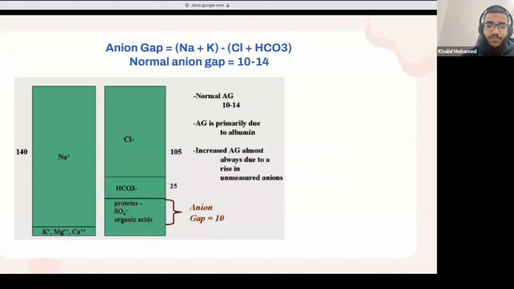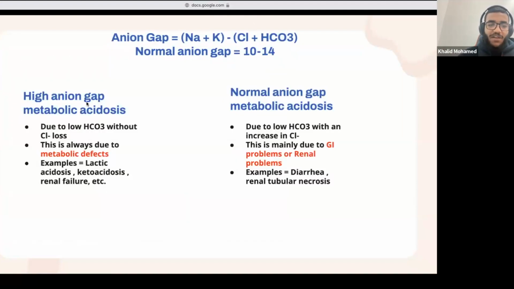Okay, so when we have high anion gap metabolic acidosis, this will be due to low HCO3 without chloride loss. So we don't have chloride loss, but we have lower HCO3 due to the acidosis, obviously. And this is always due to metabolic defects, always. So lactic acidosis, ketoacidosis in diabetes patients, and so on.